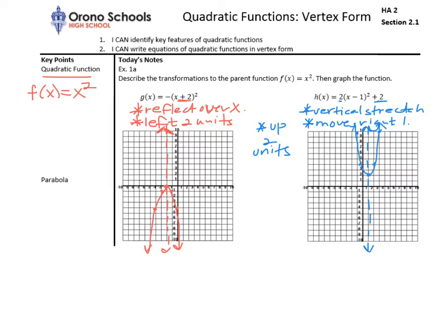So speaking of the word parabola, you see that word over on the right-hand side. The parabola is the name of the shape for a quadratic function. So both of those curved shapes are called parabolas.